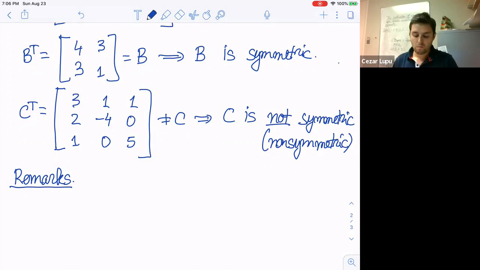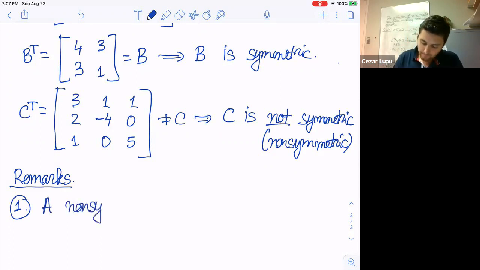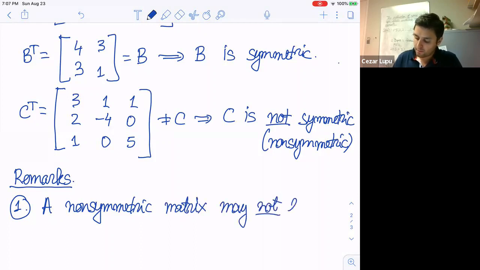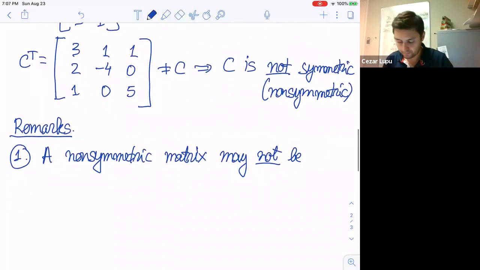The first remark is that a non-symmetric matrix may not be diagonalizable.